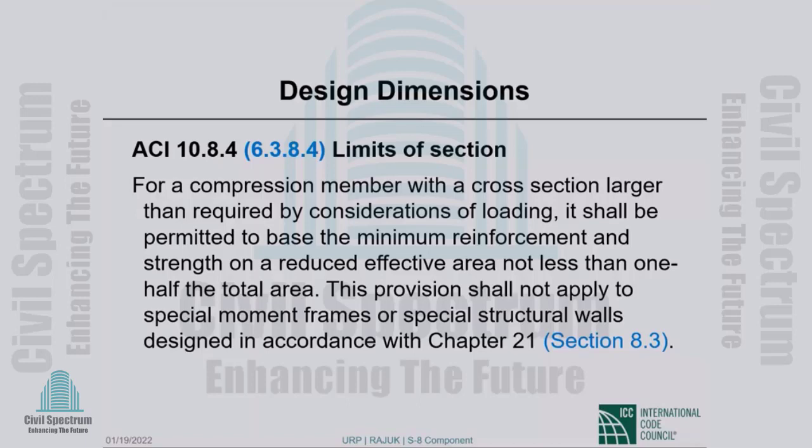Okay, that part we will discuss when we go to the seismic modules, but very importantly, minimum reinforcement ratio is 1%, but for columns that are larger than needed for loads, we can go down to 0.5% reinforcement. Okay.